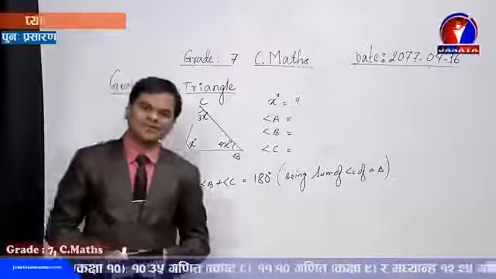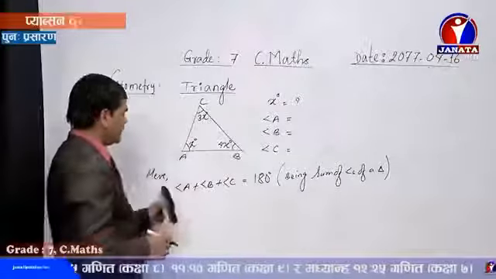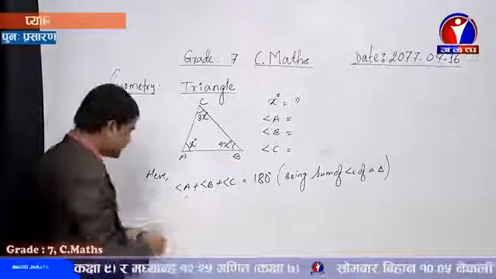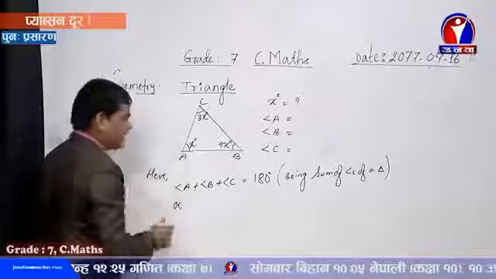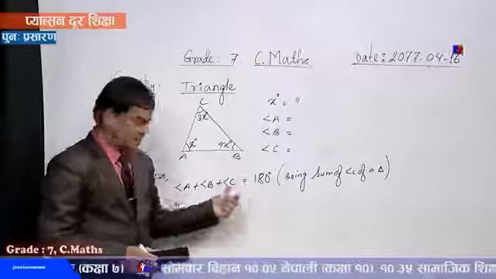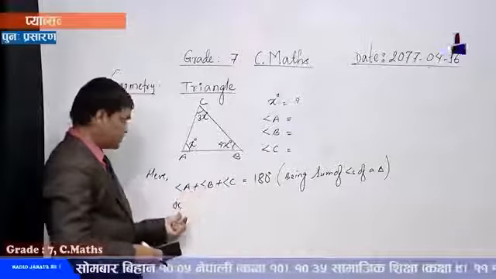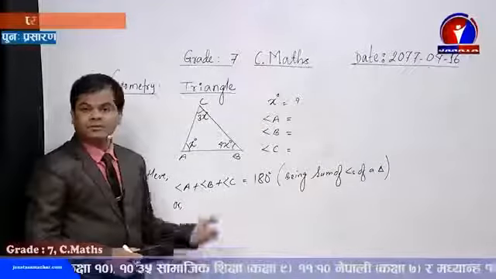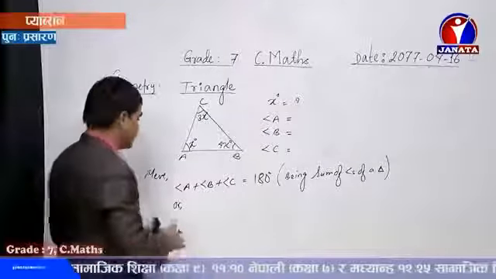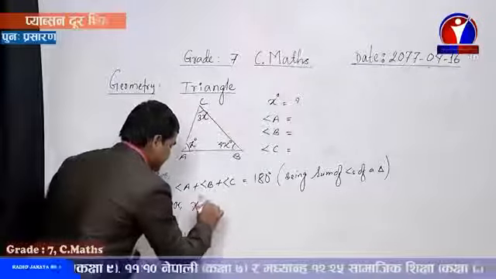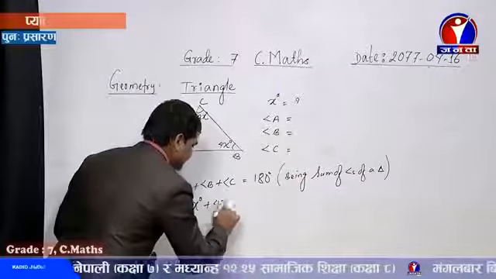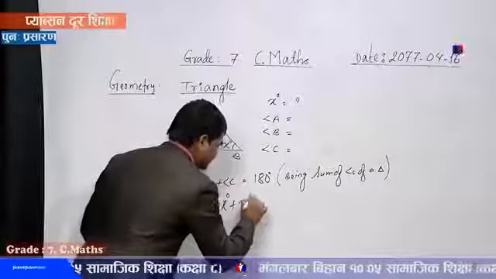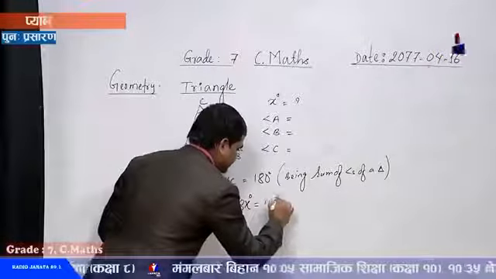Now, in case of variables, what is given in the place of A? X. So as we are using the equal sign in the middle after the first statement, we need to write the second and third statements gradually, isn't it? So x degree plus angle B is given as 4x degree, so 4x degree, plus angle C is given as 3x degree, so 3x degree equals 180 degree.